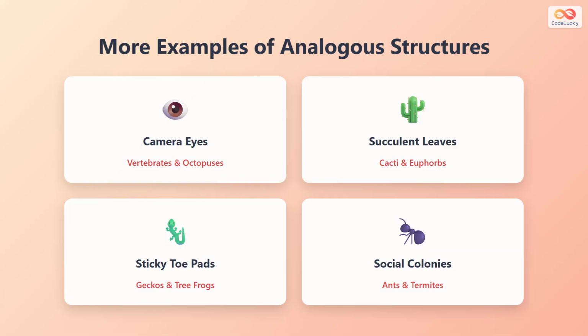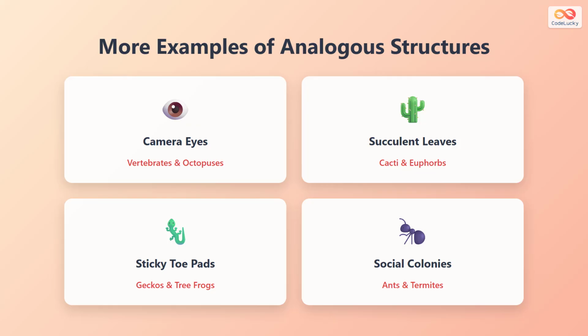Let's explore a few more fascinating examples. Camera eyes evolved independently in vertebrates like humans and in octopuses, which are mollusks. Despite similar structure and function, these eyes arose through completely separate evolutionary paths. Succulent leaves for water storage evolved independently in cacti from the Americas and euphorbs from Africa.